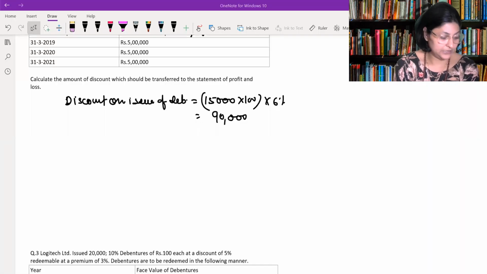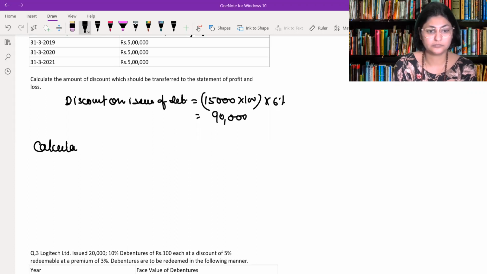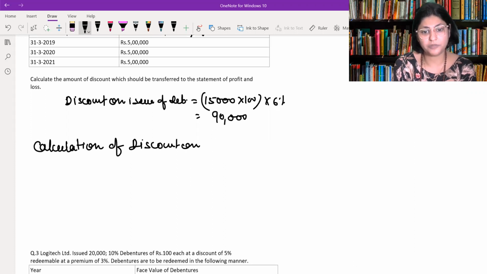Make my table. I'll write: calculation of discount on issue of debenture to be written off.